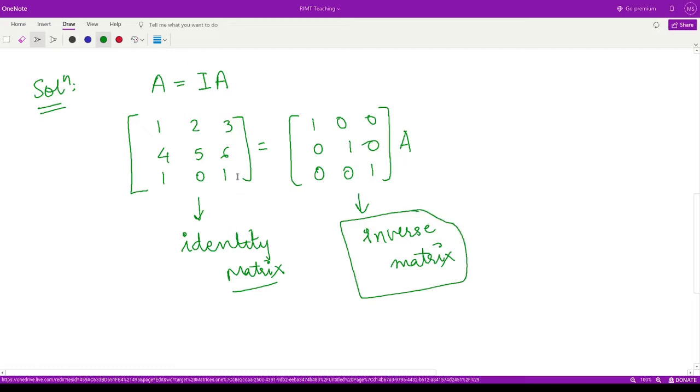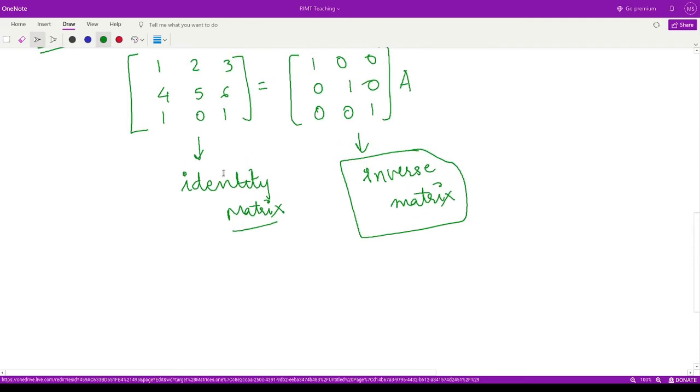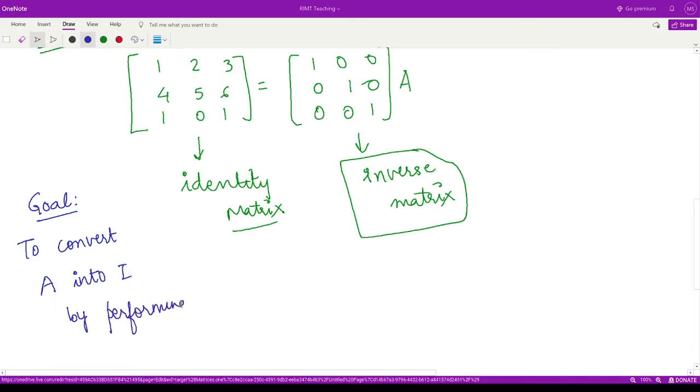By performing the elementary transformations. So our goal here is to convert the matrix A into the matrix I by performing elementary transformations.